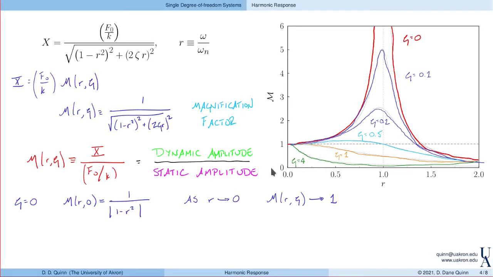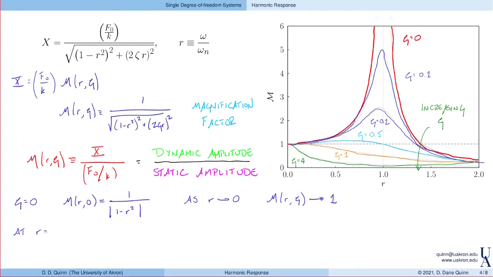So again, as we vary zeta, the damping ratio, these curves begin to drop. So really we can say, kind of increasing damping ratio. So the more damping we add, the lower these curves are.